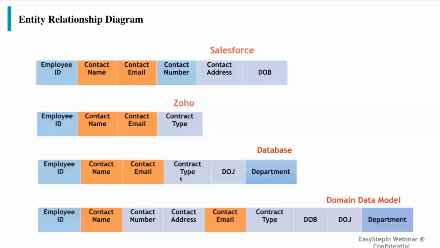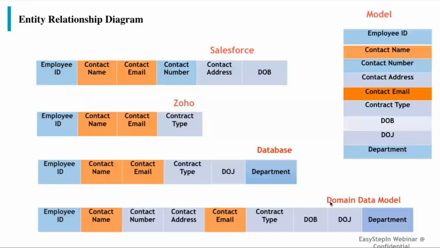The domain data model is one which contains the list of all the fields. Here you define all the data types and the minimum and maximum lengths. Everything you define, all the restrictions for your fields, you define here. Out of which you create your model that contains the final list of the fields with all the validations. This way you define the model.